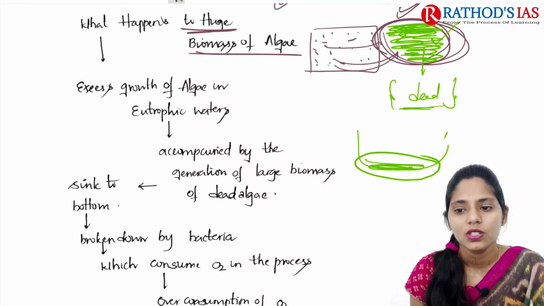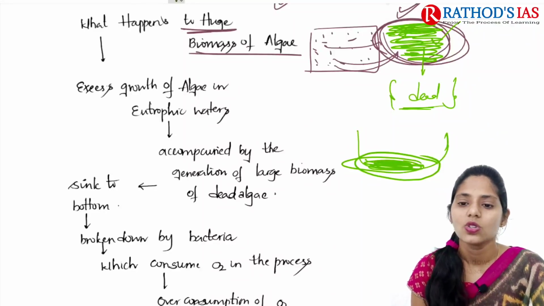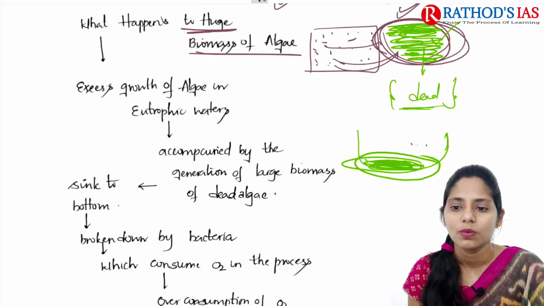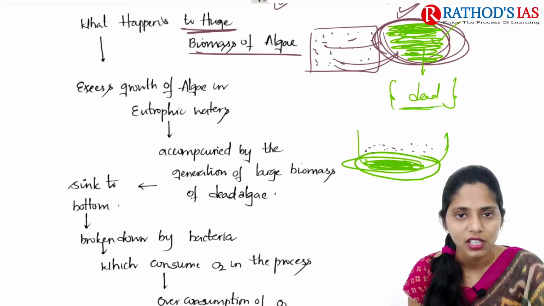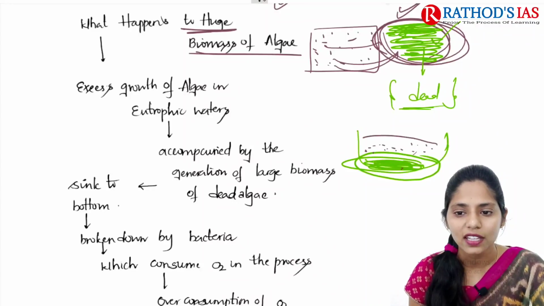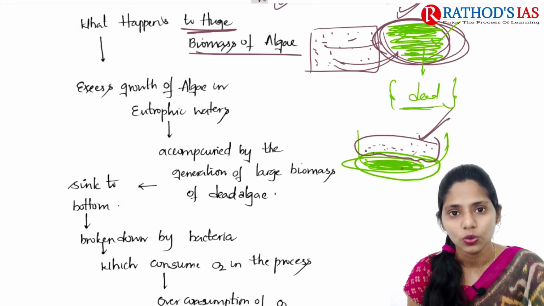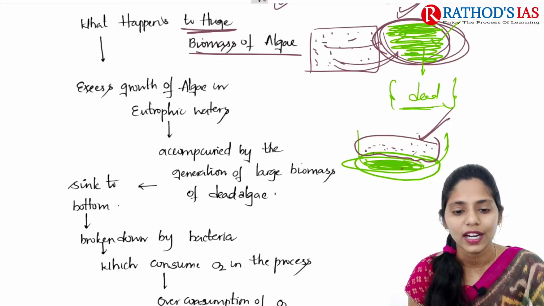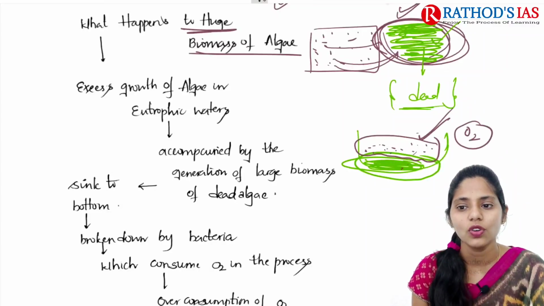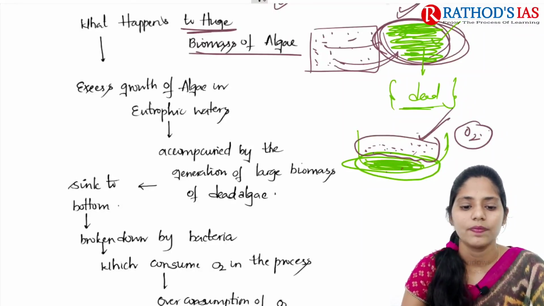Then bacteria will act on this dead organic matter, on this dead algae, and the bacteria will break it down, converting it into dead and decaying matter. In doing so, the bacteria will consume oxygen, mainly to decompose this dead organic matter, right?